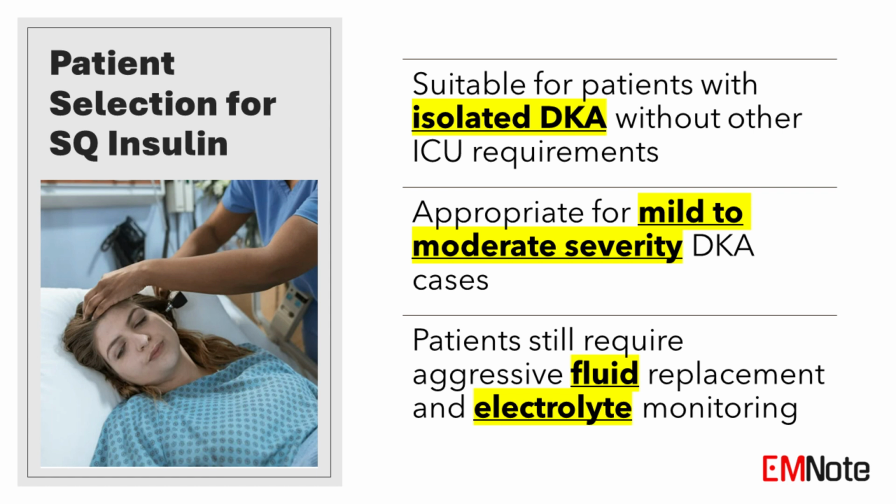Those presenting with mild to moderate DKA based on the aforementioned severity classification. It's important to note that while subcutaneous insulin can be used in these cases, patients still require aggressive fluid replacement and close monitoring of electrolytes. The decision to use subcutaneous insulin should be made on a case-by-case basis, considering the patient's overall clinical picture and institutional protocols.